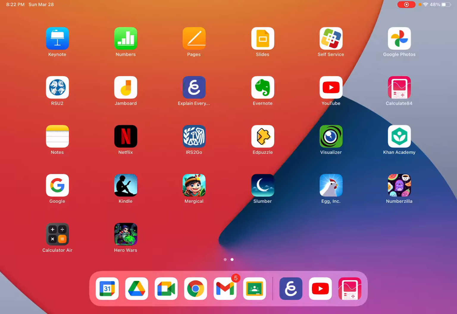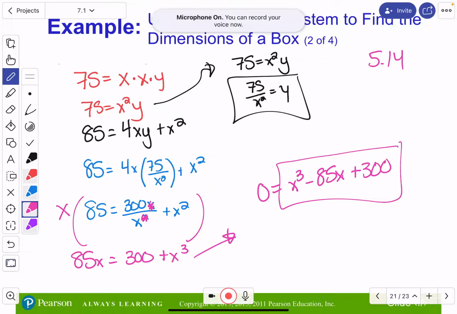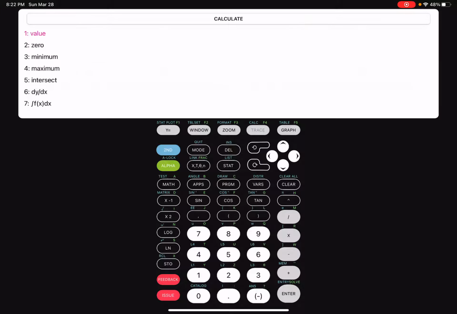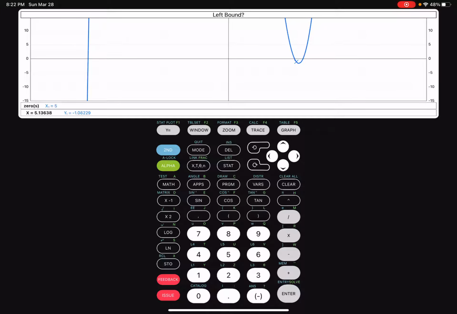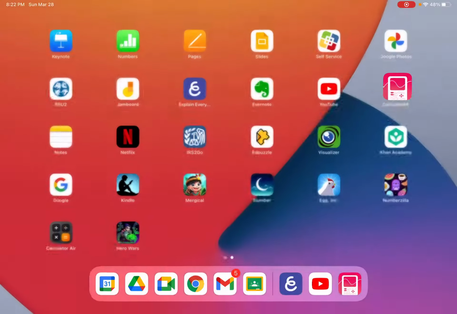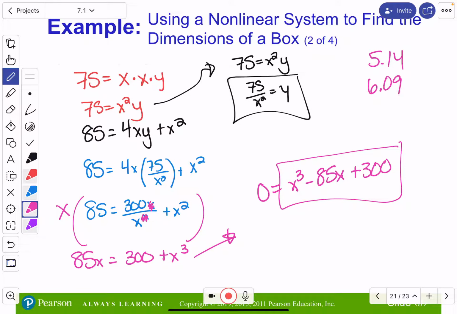And if I go back to my graphing calculator, the other one, second trace 0, left bound, right bound, is 6.09. Here we go, 6.09. So now we would plug those in for x.